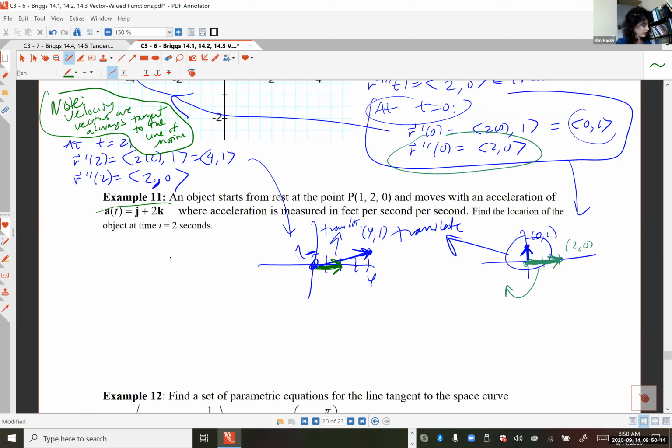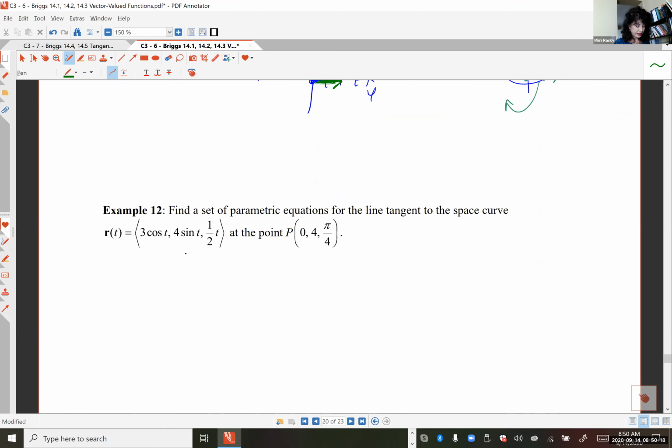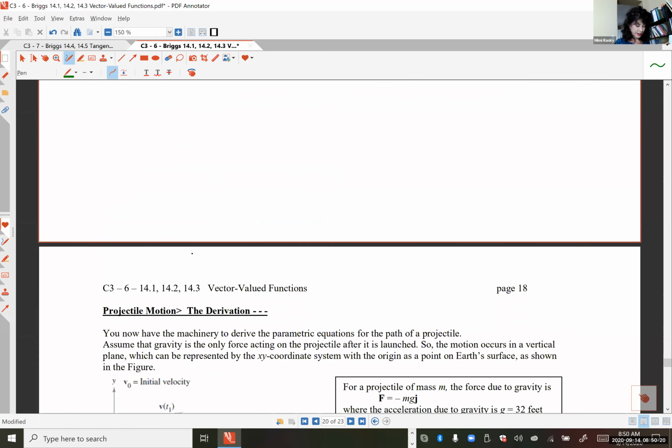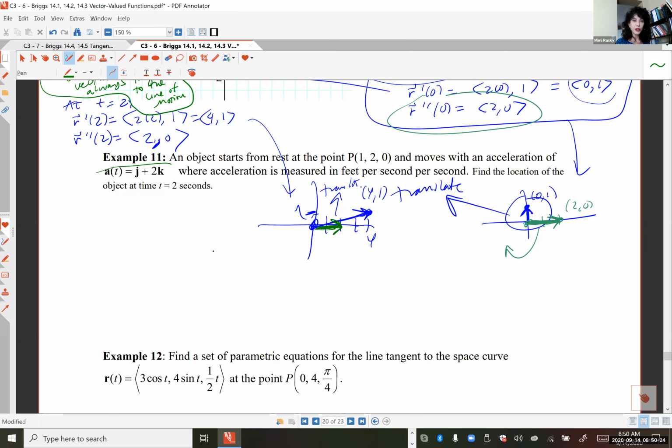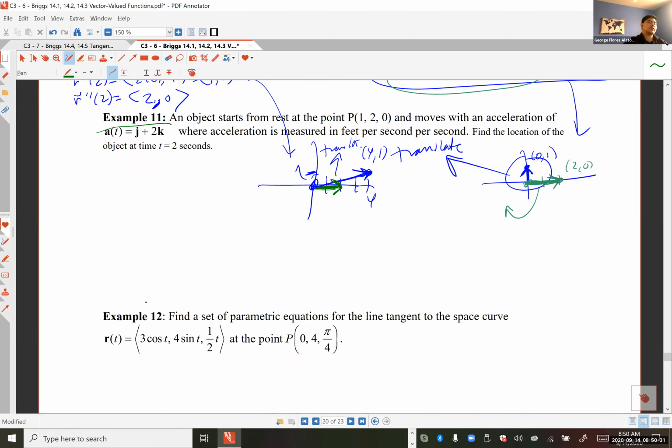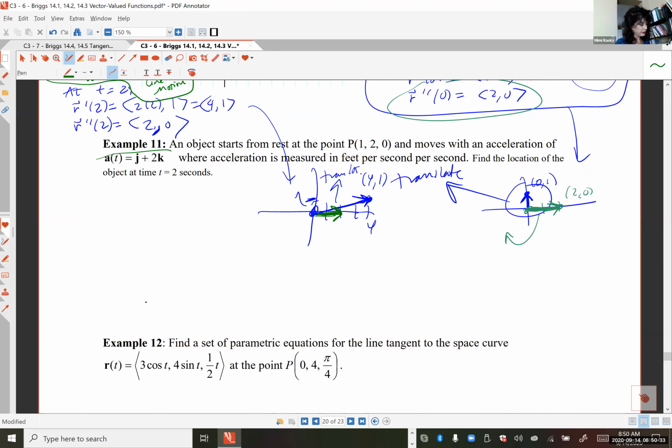we're going to start an object. Oh, I see what I'm doing here. Hang on a second. This is the wrong one. Is this what you guys have in your course reader by any chance? Yeah, that's what we have. You have example 11 like this.